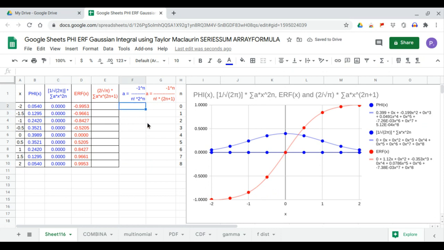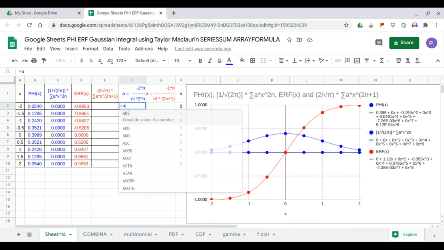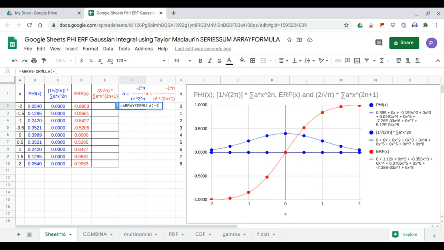Now we can continue with the coefficients, which is array formula -1 to the power n all over.